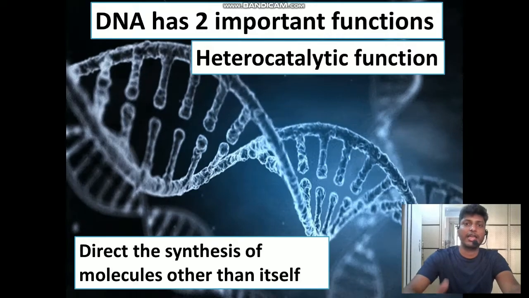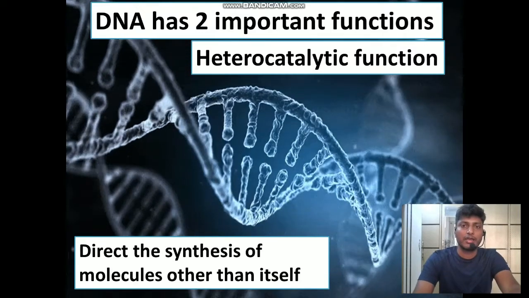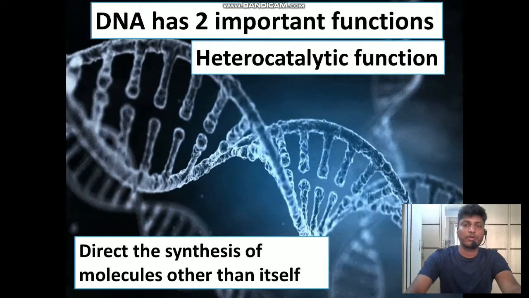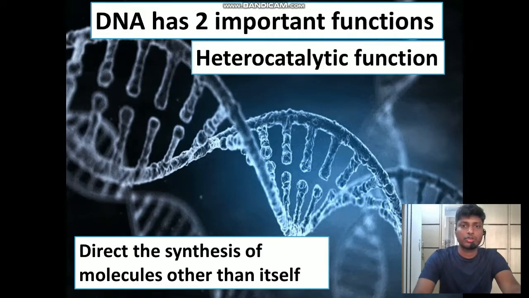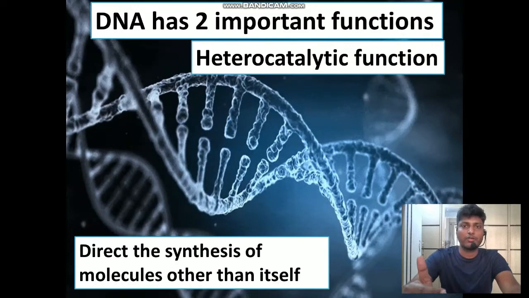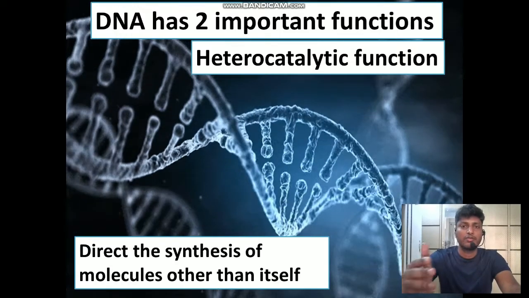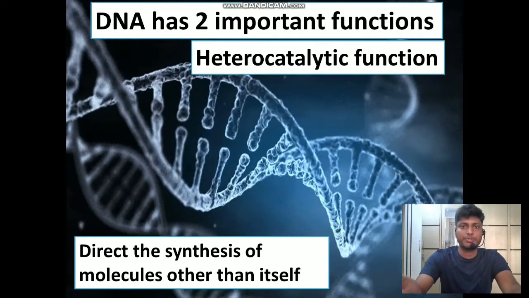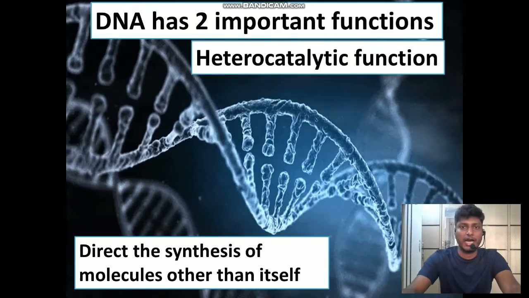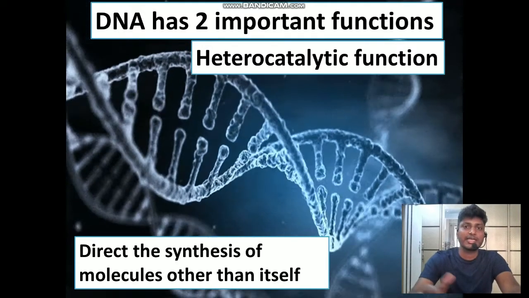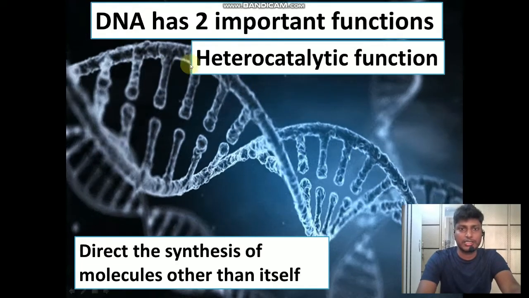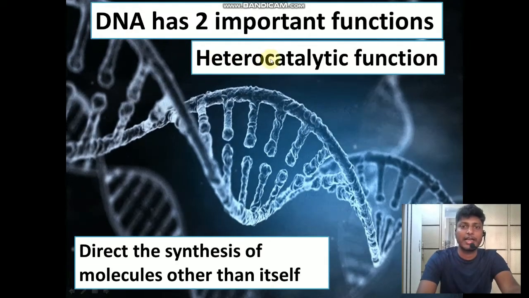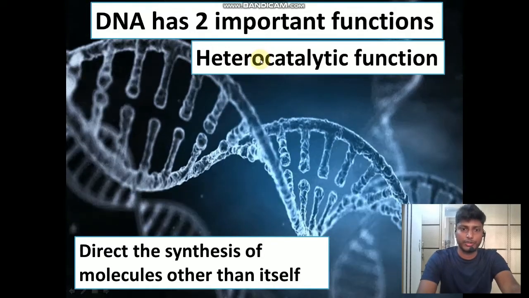For example, it helps in the formation of RNA, and it also helps in the formation of proteins, whereas proteins are formed from RNA only. So when the DNA helps in the formation of proteins, which is a different molecule, or to be specific, when it helps in the formation of RNA, which is a different molecule, such a function will be considered, come on dear students, as a heterocatalytic function.